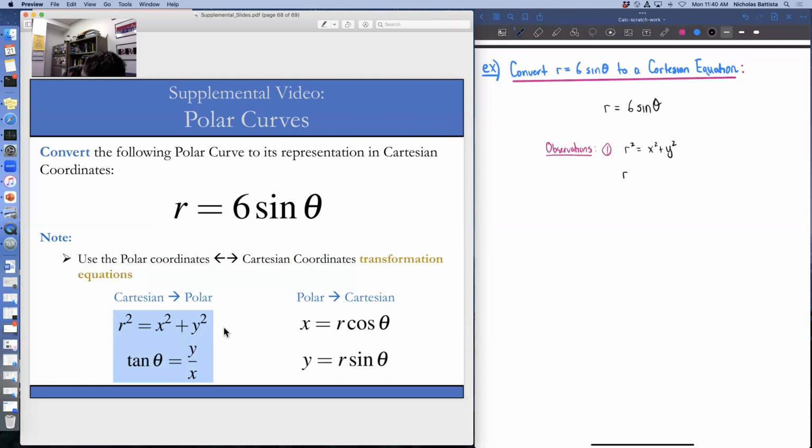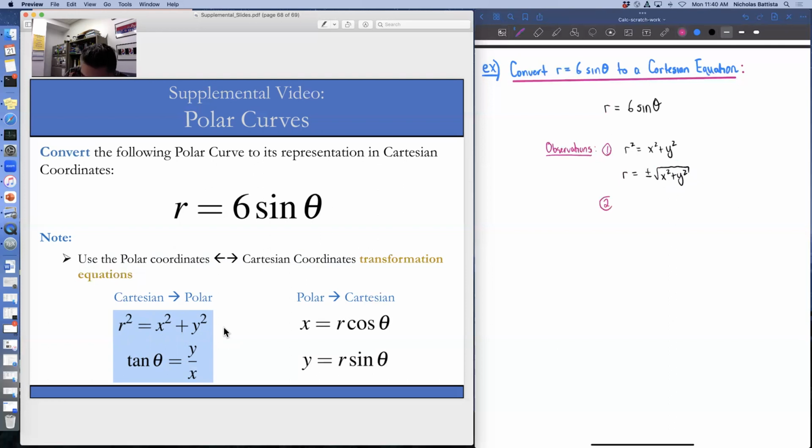So if we take the square root of both sides, we get r is equal to plus or minus the square root of x squared plus y squared. In other words, anytime we have just an r by itself, we could just substitute in a plus minus square root of x squared plus y squared.